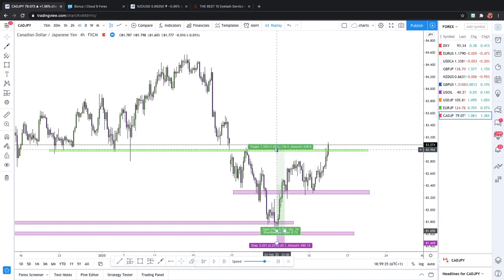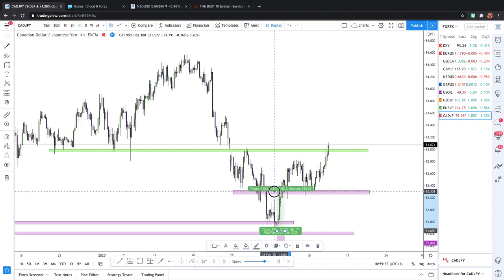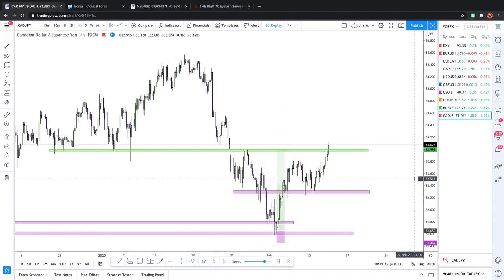Then they end up, let's say they get out here, only having a 1 to 3, almost a 1 to 2, rather than having a 1 to 6, almost 1 to 7, risking 20 pips to make 134. So you've got to keep your emotions out of it.